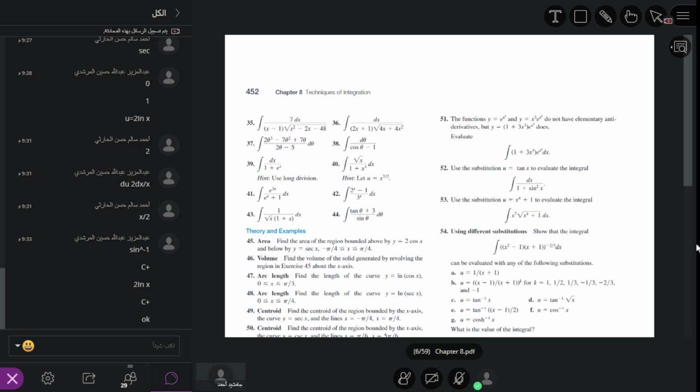If we have the integration of the product of two functions, f of x and g of x, the integral of f of x times g of x, how can we find the integral of this?